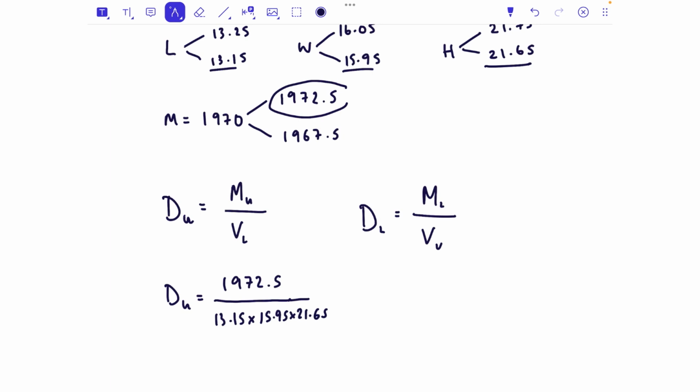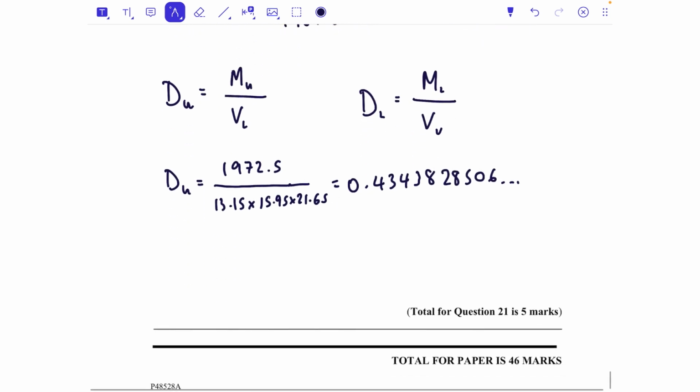Typing that all in my calculator, and you can do that individual calculation if you want. I'm just saving time. So 1972.5 on the top, and then 13.15 times 15.95 times 21.65, and that gives us 0.43438288506. And I'm just going to write it all out for now, just so that it's easier in a minute.